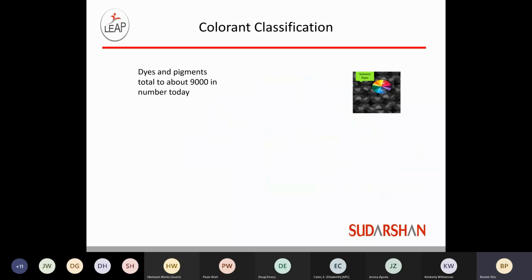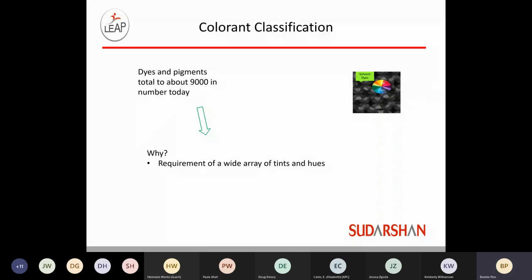And just to dig down a little bit more deeply on this one, why is it that there are so many in use today? Well, the first reason is that there's a wide variety of tints and hues that are needed for all of the applications where colorants are used.